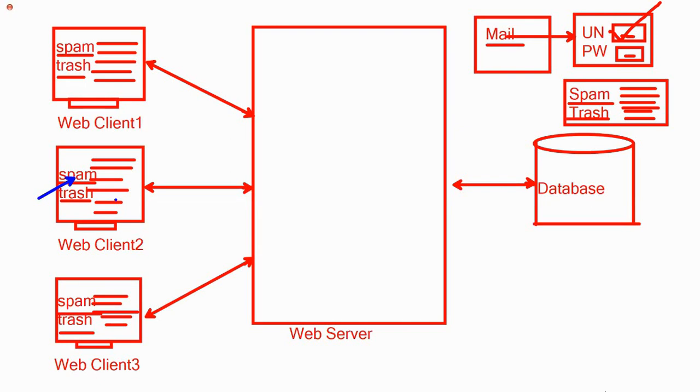Now, how does the server know who has clicked? Got your point? You clicked, that's it. Then your spam box comes. But how does the server know it was clicked by the BBB user? Here, the system IP address is not unique. Your mobile number is unique, but system IP addresses are not unique.